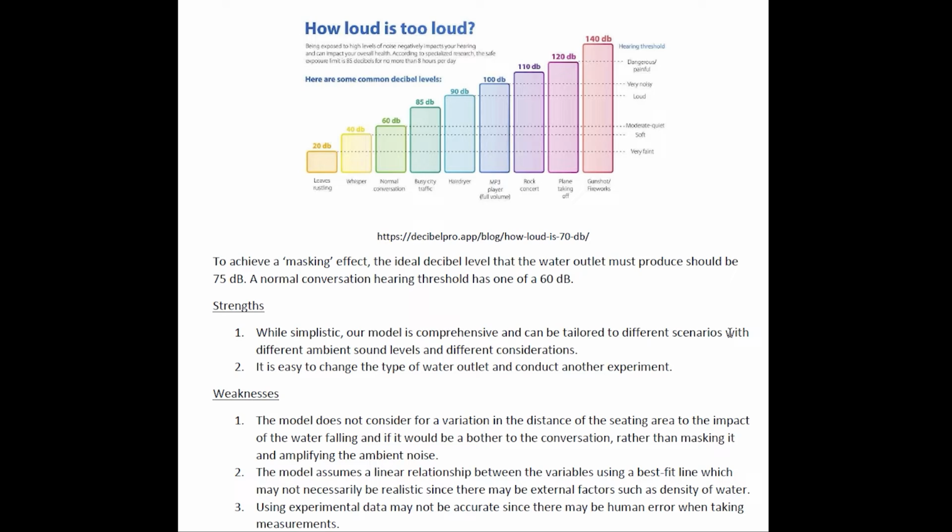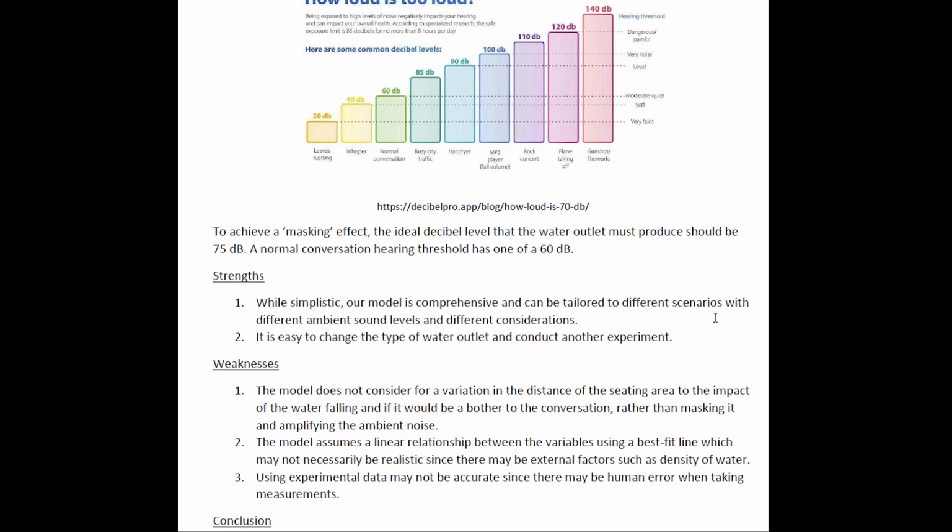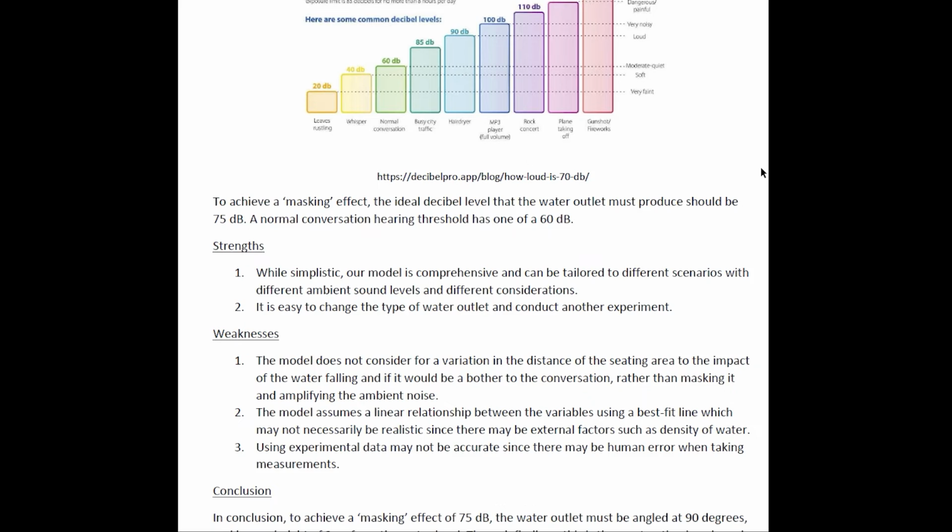Another weakness is that the model assumes a linear relationship between the variables, which might not be realistic since there may be external factors in play, such as the density of water. Lastly, using experimental data might not be accurate since there may be human error when taking our measurements. Even though we ran the experiments 2 to 3 times and took the average, it may still be prone to human error, and we may have skewed our results.